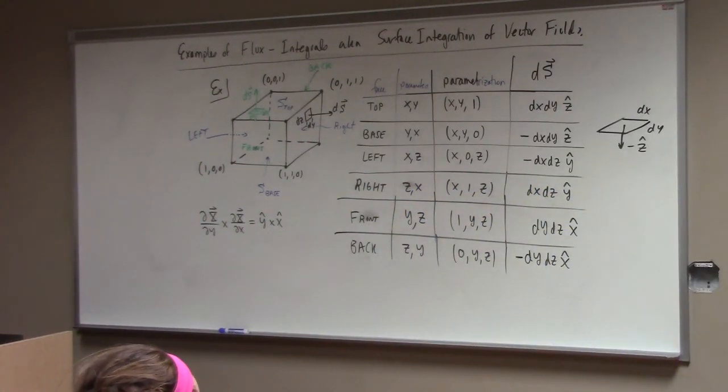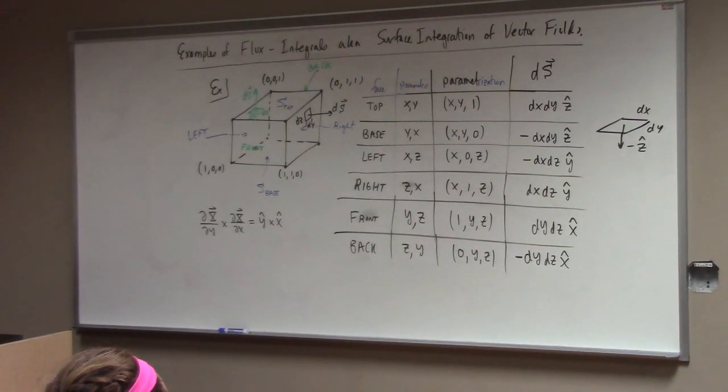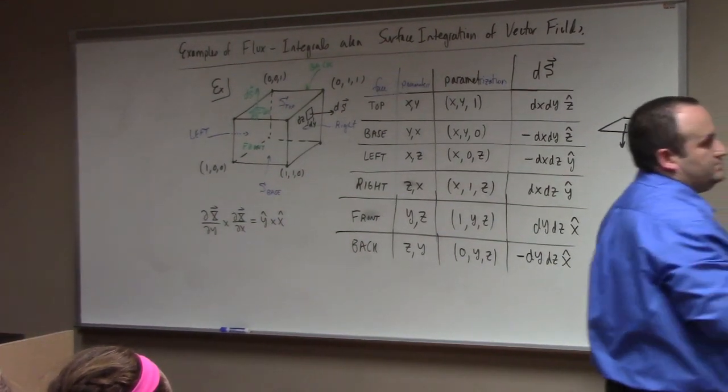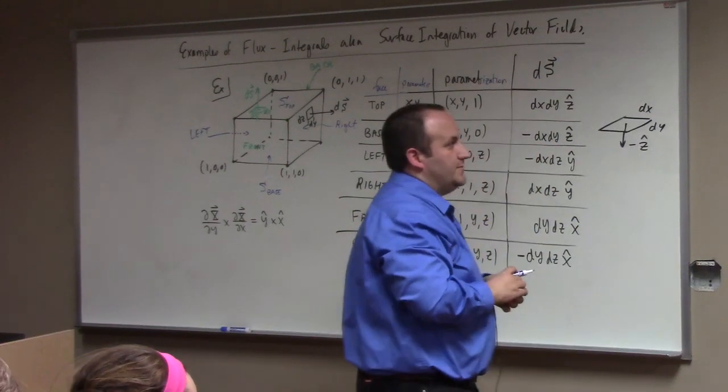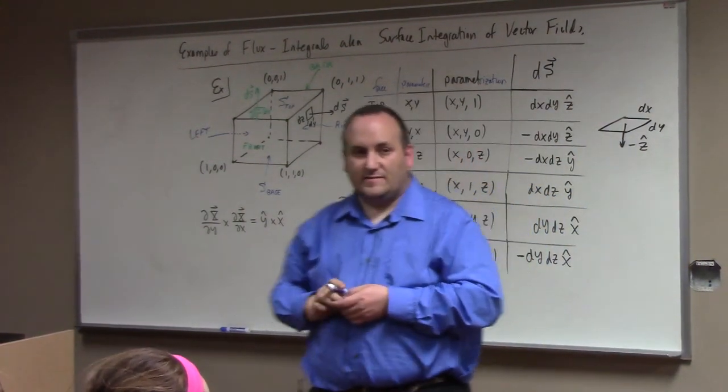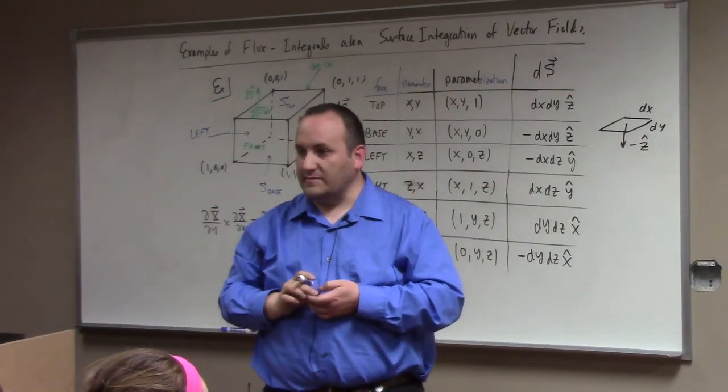So, here we go. x squared, x squared, x squared, dot ds. Let's work it out. So what is that flux? It's got 6 pieces, right?